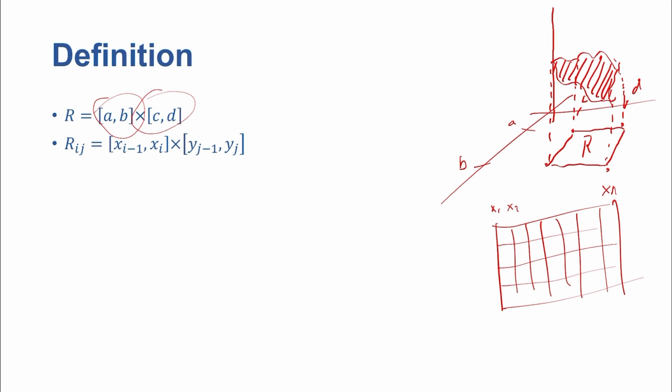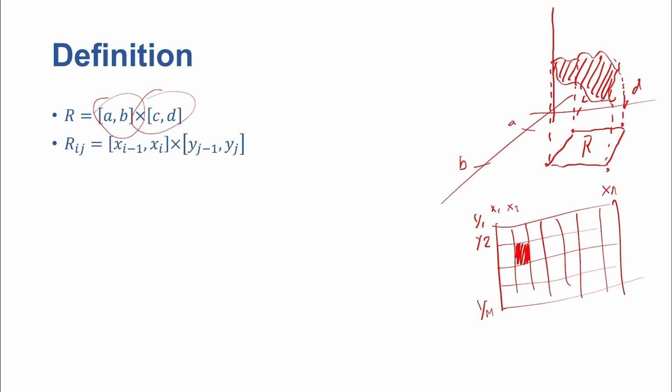Then here we'd have y sub 1, y sub 2, and then we go all the way up to y sub m or something like that. So we define one of the little rectangles, Rij, as being the Cartesian product of x sub i minus 1 with x sub i with y sub j minus 1 with y sub j.